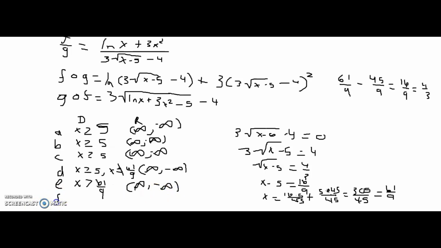So part F. So for part F, g composed with f. So here we have a more complicated square root. Here we have natural log of x plus 3x squared minus 5. Well, right away we know that x cannot be less than or equal to 0. So that automatically makes that undefined.